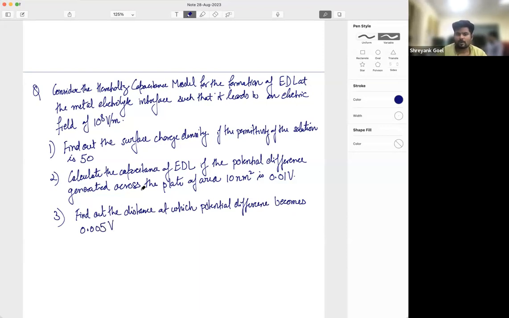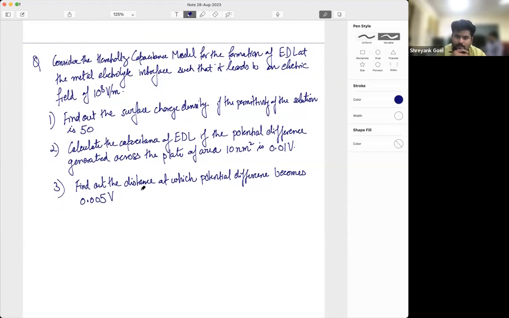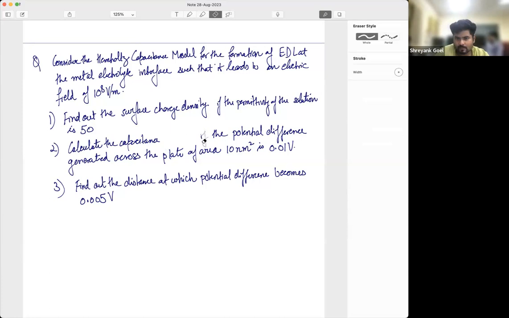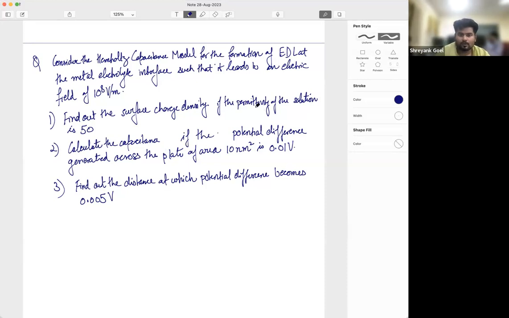Okay, so try this question and we'll discuss it. I can see the capacitance in it. Okay, try this and let me know.